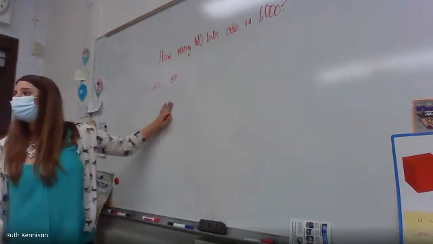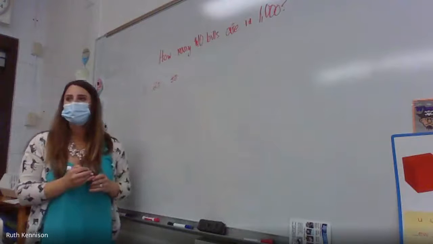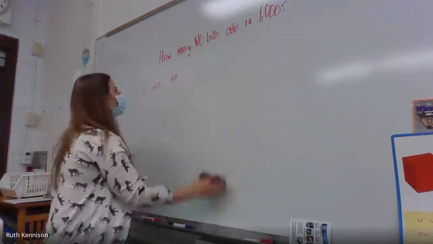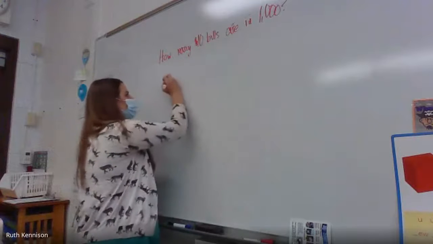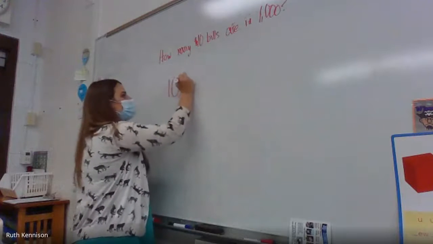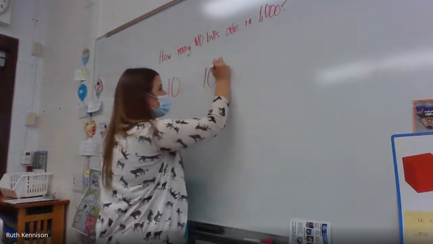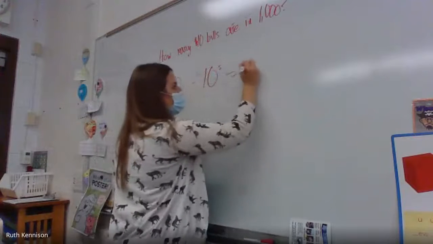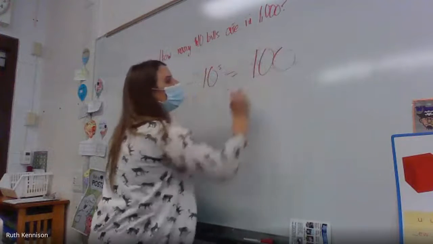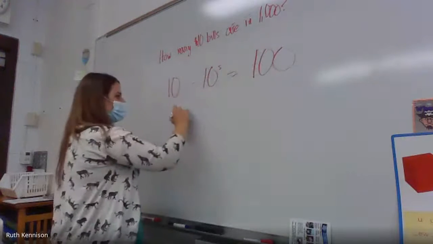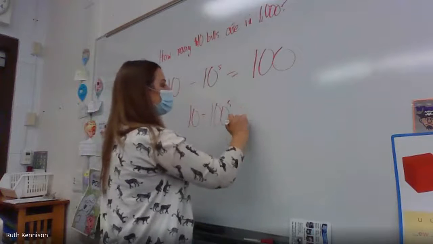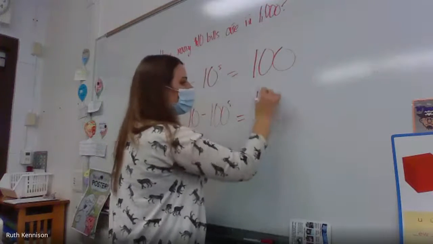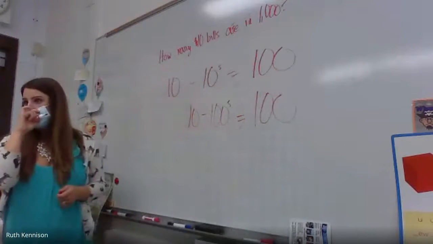Riley, that would have taken you forever and a half, but that was on a better track. So far, the closest was Troy, who said, okay, there are 10 tens equal 100, and then 10 hundreds equal 1,000. That's where you really needed to focus.